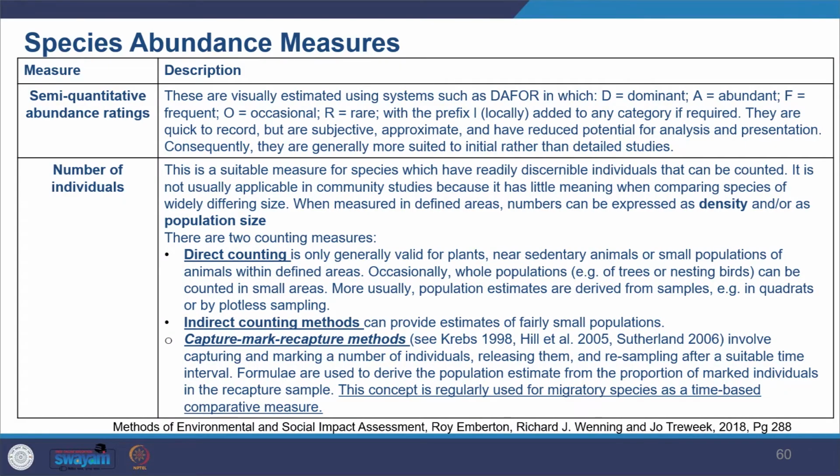Here we can see some of the measurement systems which are available. There is the semi-quantitative abundance rating, in which you have a visual estimation system.